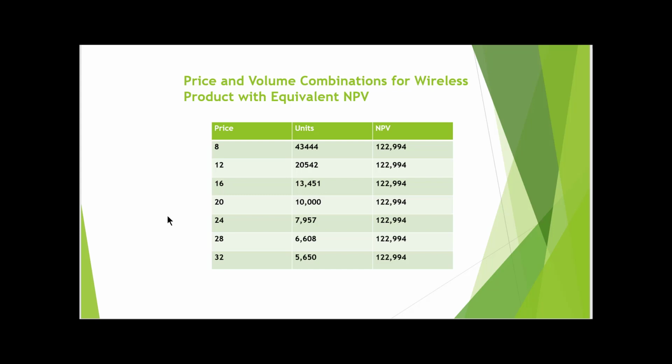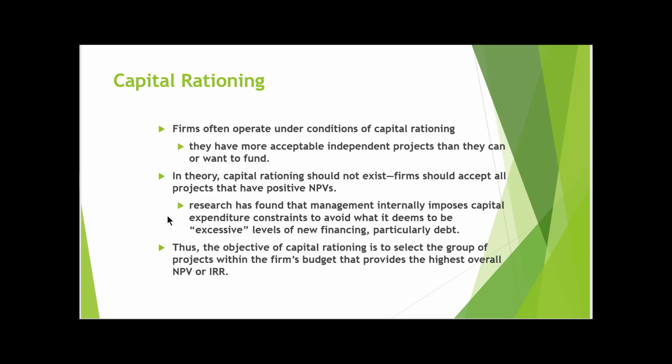So some things we probably don't need to be very accurate with. Other things, the more accurate we can be, the safer we can be as far as making decisions. So that's really the importance of sensitivity and scenario analysis, to understand the importance of the variables themselves.